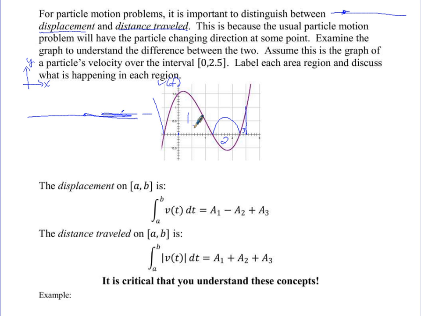And now I have a positive area here, a positive area here, a positive area here. Add them all together and I get my total distance traveled. The big thing here is that I'm taking the absolute value of the function. So, critical, you need to know the difference between displacement and distance traveled, and you need to know how to attack them.